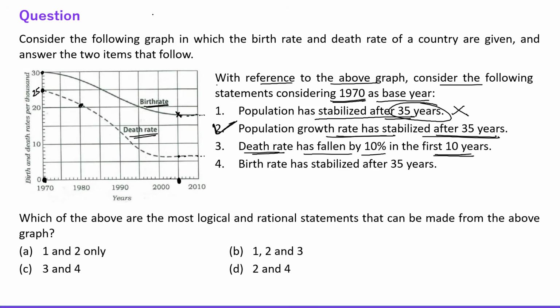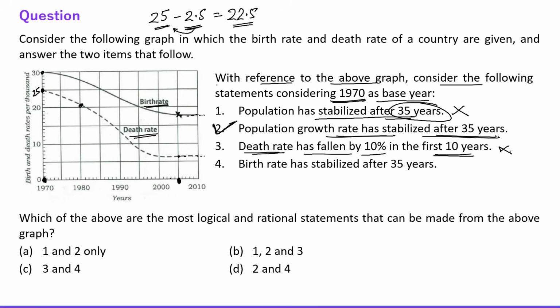But 10% of 25 is 2.5, so a 10% decrement of 25 will give you 22.5, right? But here we have the death rate as 20 point something, which is not equal to 22.5. So this option is also not correct.